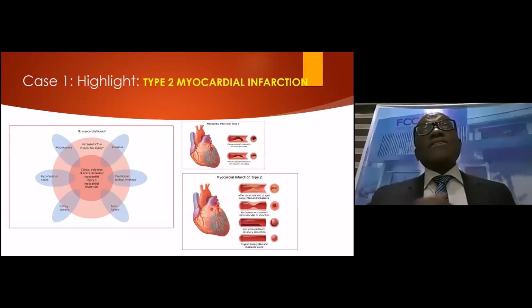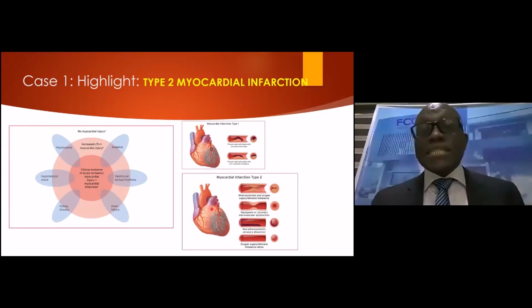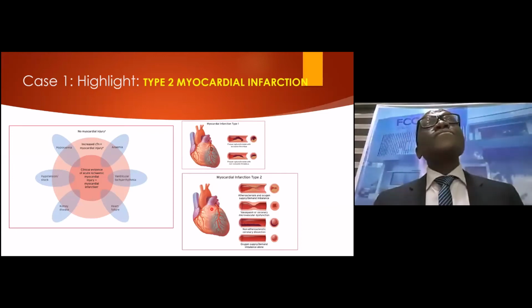And as a matter of fact, these people have prognosis that is often worse than the people who have occluded arteries, just because the treatment of type 2 MI depends on what caused it, and some of those things are not as treatable as just going to put a stent in a blocked artery.